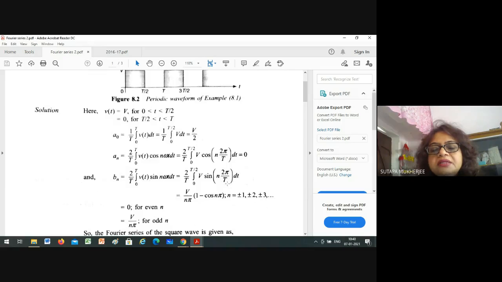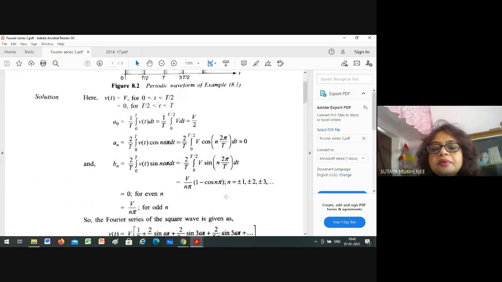So after integration and putting the limit, you will get V by n pi, 1 minus cos n pi. Now n may be odd or even. So for all values of n, 1, 2, 3, you will get V by n pi, 1 minus cos n pi, that is for even n the value will be 0.